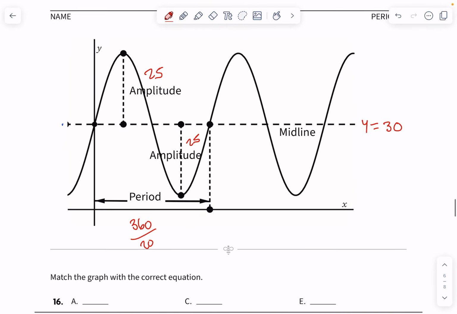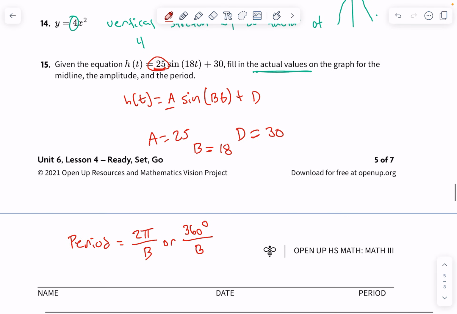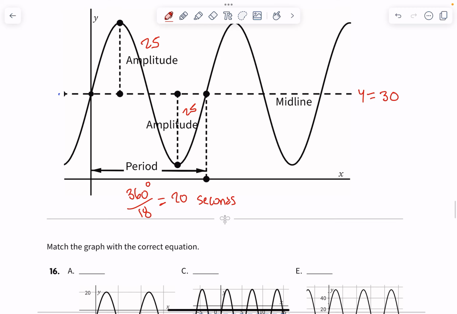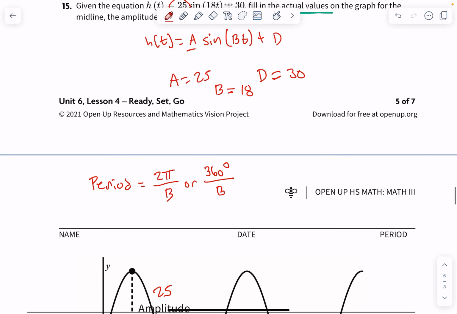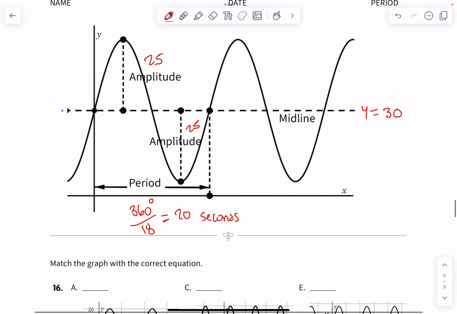Maybe it was 18, which is equal to 20 degrees, right? So my period is 20, well, no, that's 20 seconds. Okay, 360 degrees over my B, which is a frequency, so this should be 20 seconds.